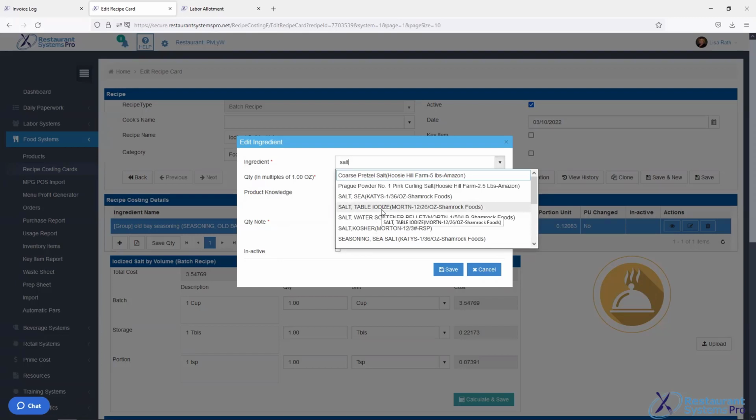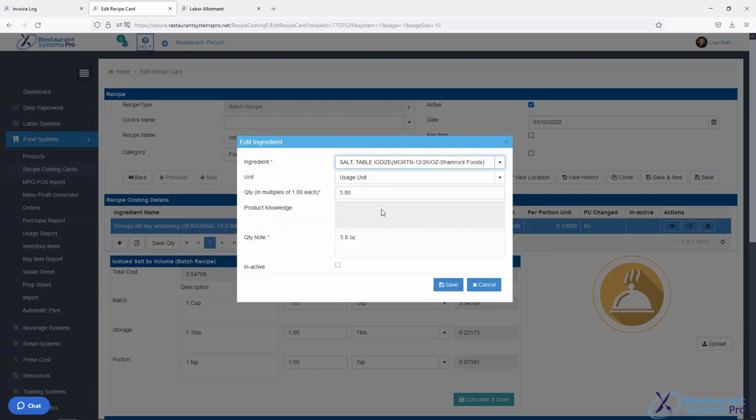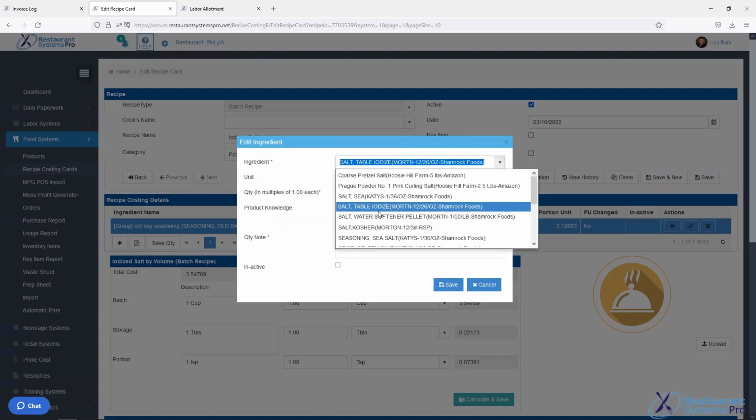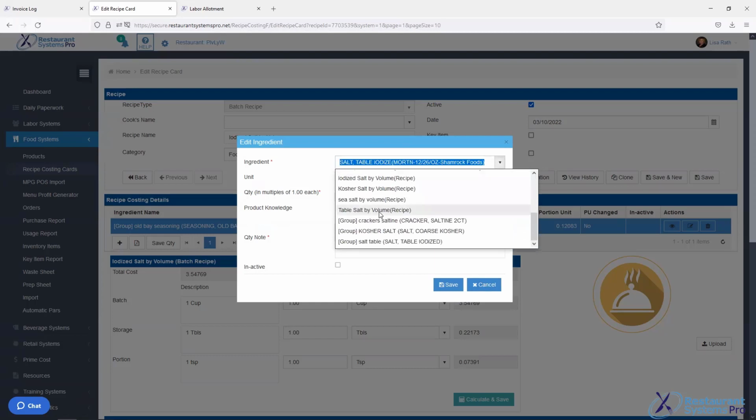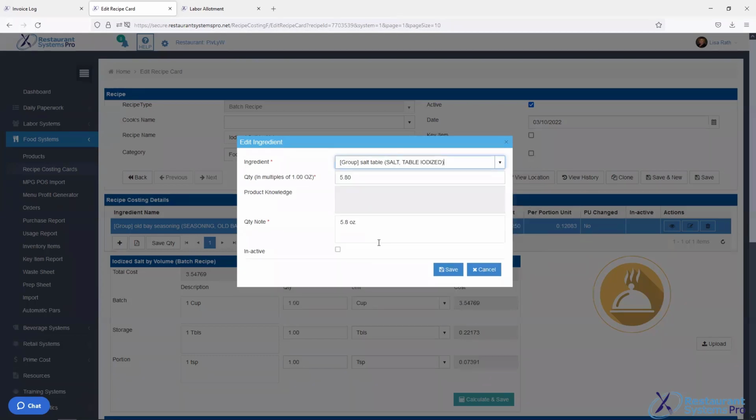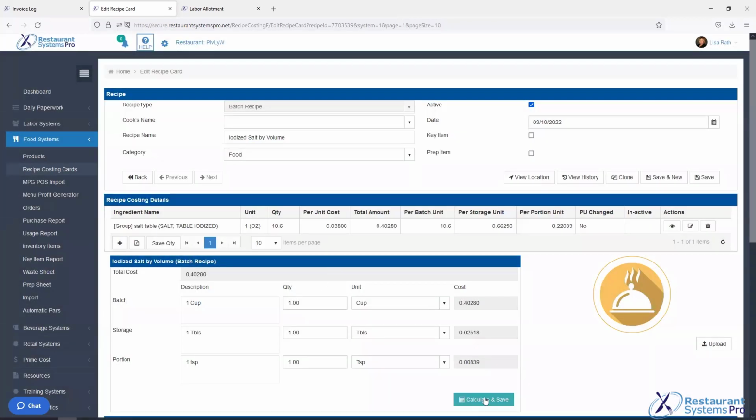Right there. Sorry, I guess that wasn't the right one. Here we go. And this one, you may or may not remember, was 10.6 ounces. So I'm going to do 10.6 ounces. And then all of this is still correct.